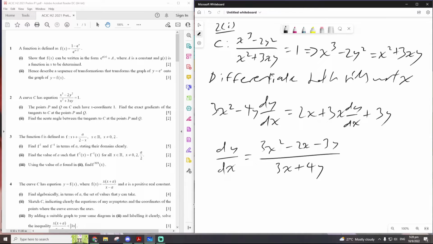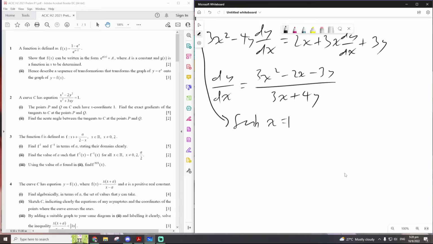Nice. The points P and Q on C each have x coordinate of 1. So we're going to substitute x equals 1 and we'll find out what happens. So you're going to get 1 minus 2y squared equals 1 plus 3y.